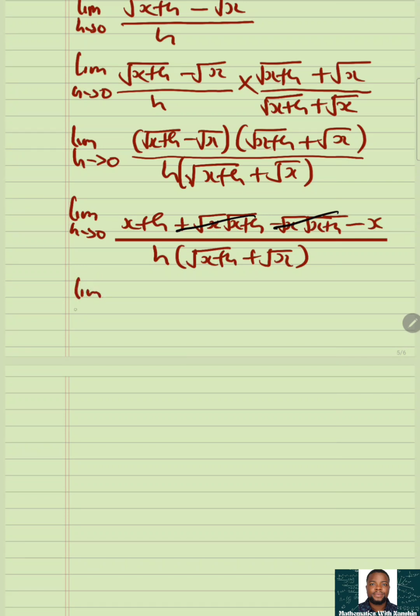That reduces your numerator down to x plus h minus x. You bring down your denominator, root of x plus h plus root x, close the bracket. Looking at that closely, you discover that there are cancellations that can still be done in the numerator. This x and this x can go.